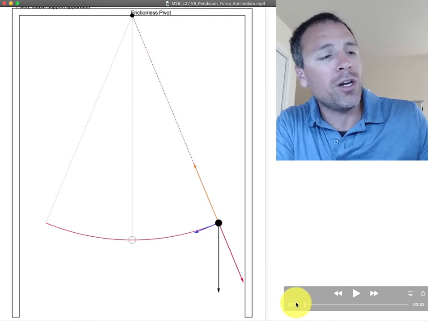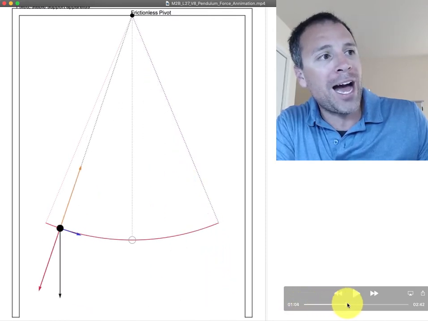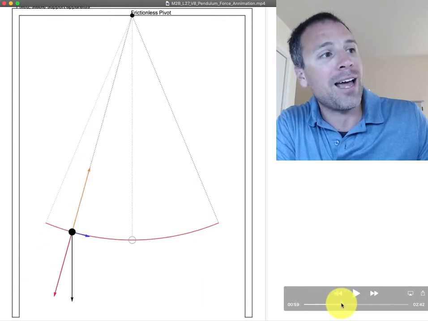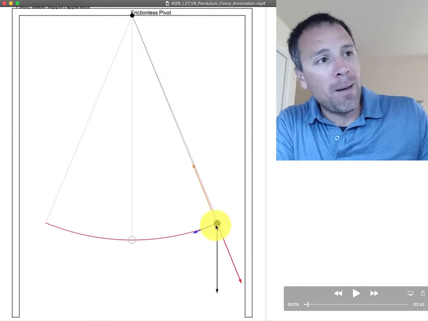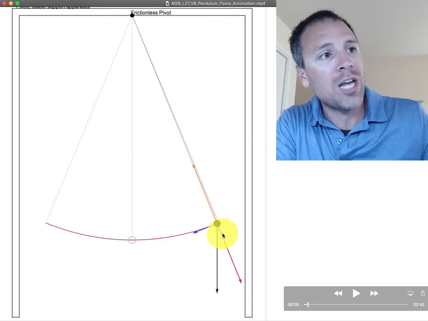What we're saying when we look at this is as this bob moves back and forth and back and forth, this black bob will never go off that path. That's the assumption that the arc length is constant. Thus, these two forces, the red and the orange force, don't have any net effect.